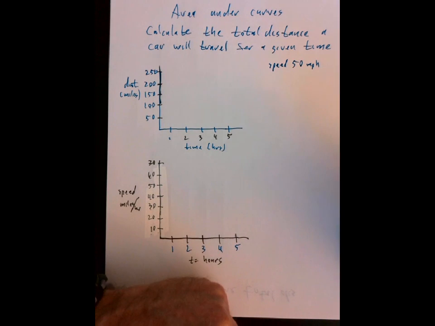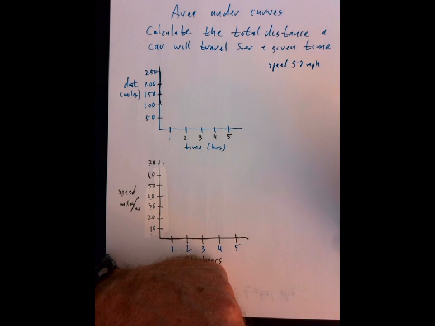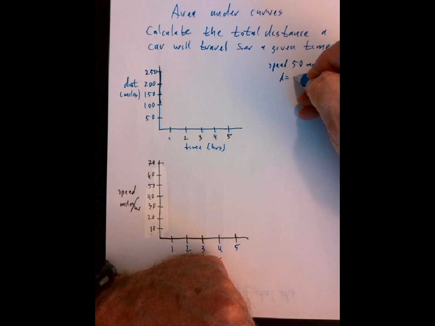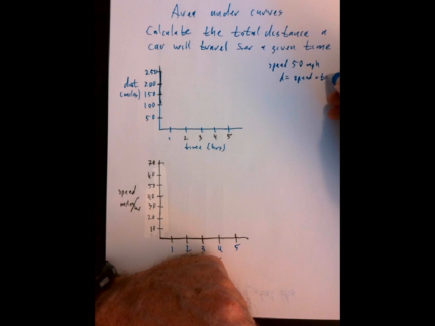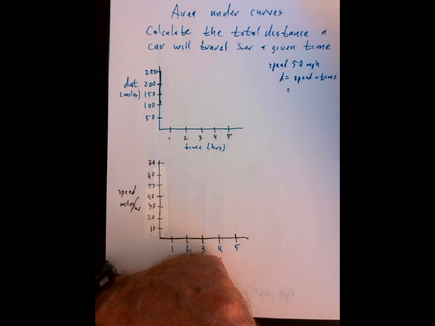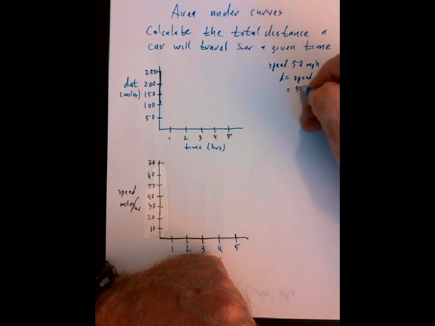Now you're thinking, well, Mr. Waters, if we know the speed, it's pretty easy to calculate the distance. We just use the distance formula, right? Distance equals speed times time. So for example, if we travel for 1 hour, that's 50 times 1 hour, which is 50 miles total.